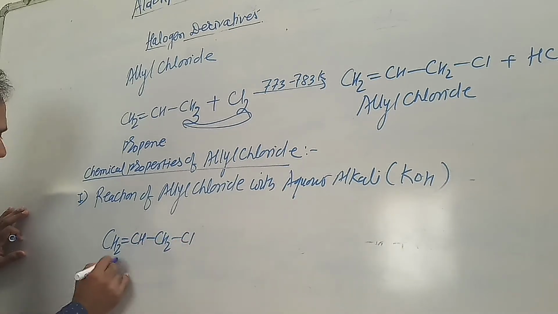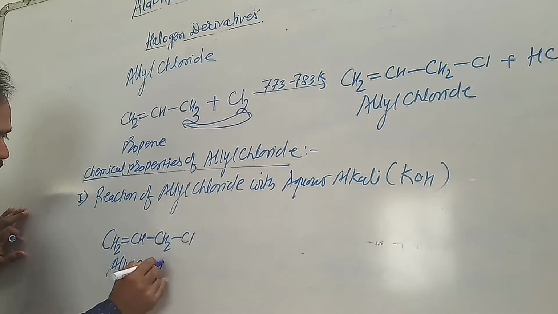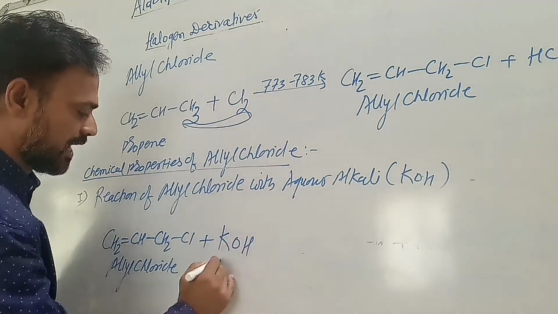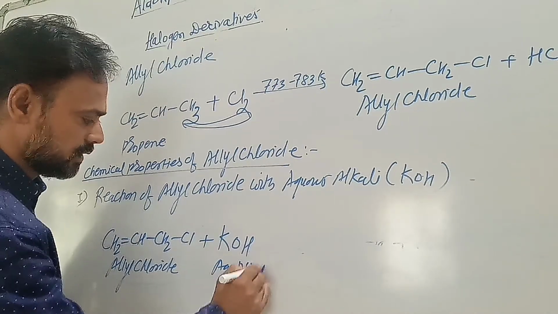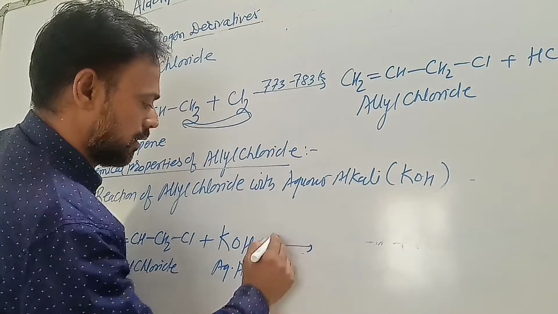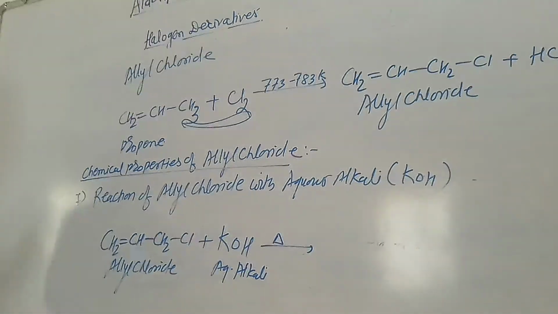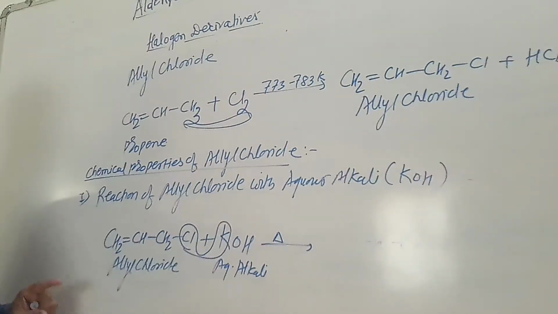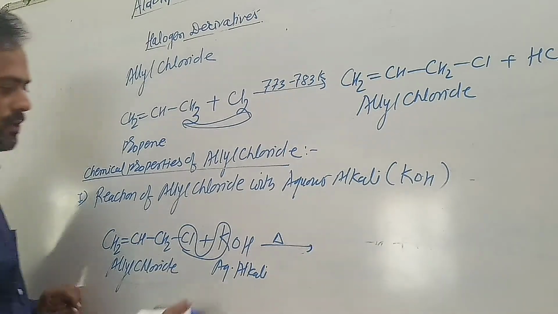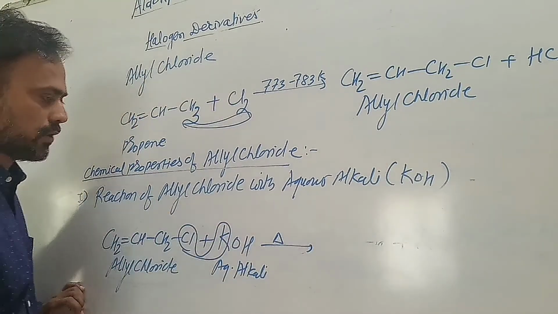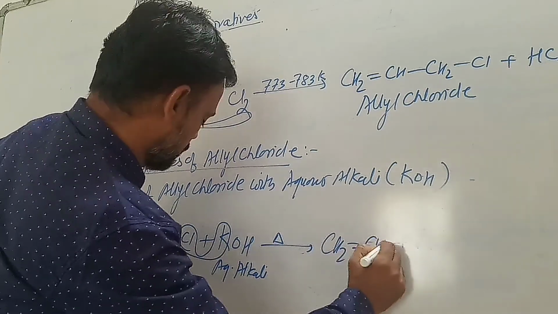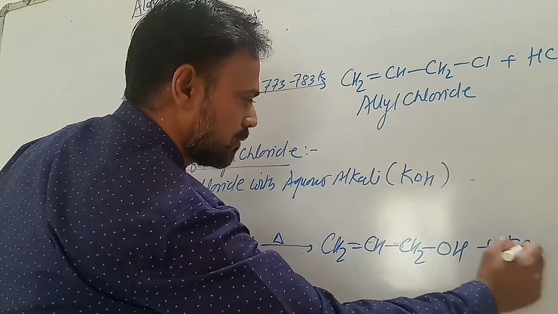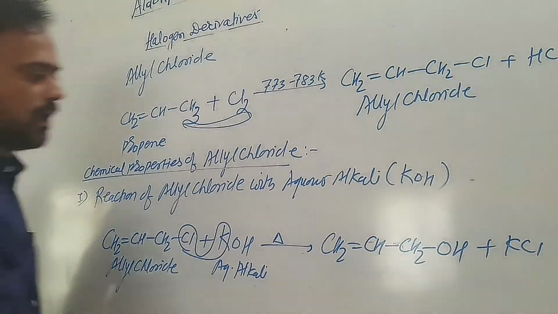When allyl chloride reacts with aqueous KOH, a substitution reaction takes place. A KCl molecule is given out and the chlorine is replaced by a hydroxyl group. So the weaker nucleophile is replaced by the stronger nucleophile. This reaction is called a nucleophilic substitution reaction. A KCl molecule is given out and allyl alcohol is obtained.